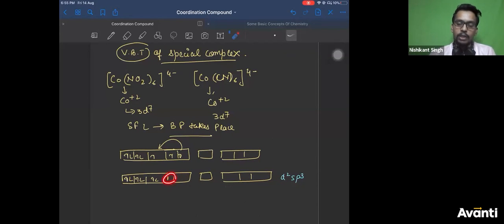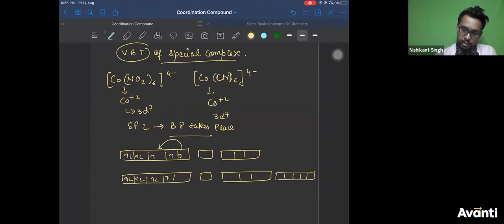But in this situation, there is an option. What is that option? If you see this, we can say easily, there are no 2 d orbitals empty here. So we will bring 4d into the picture.